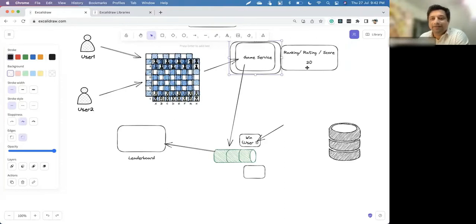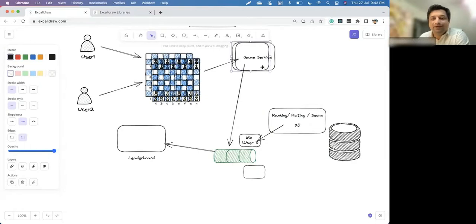Maybe for the game service you need more instances because games are being played, and a new game may be starting every 1 minute, every 1 second also. But the completion of the games may be happening at different intervals. Maybe some people are not completing the game itself, they are just leaving it. So in these cases, you need a different scale for the score service and a different scale for the gaming service. So this is one advantage.